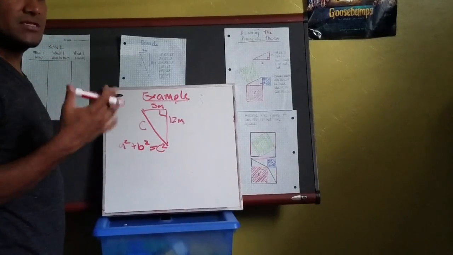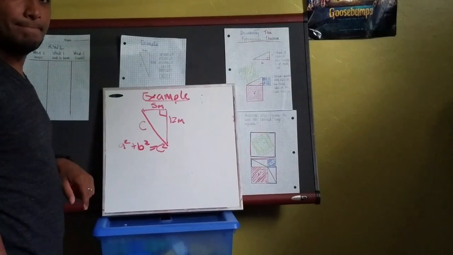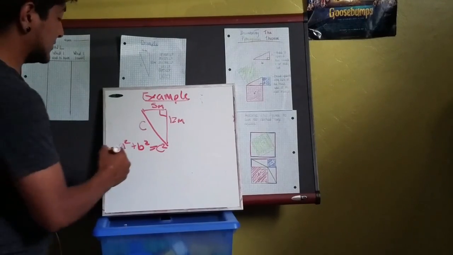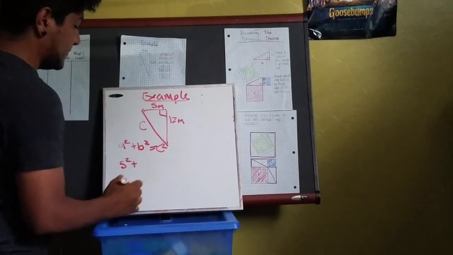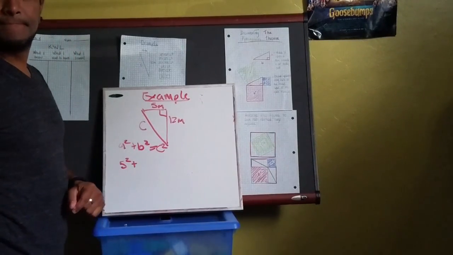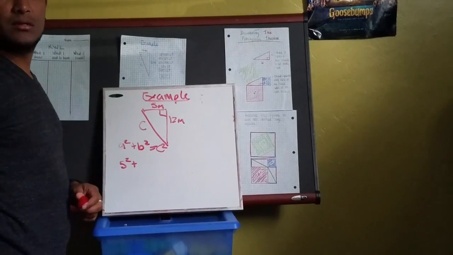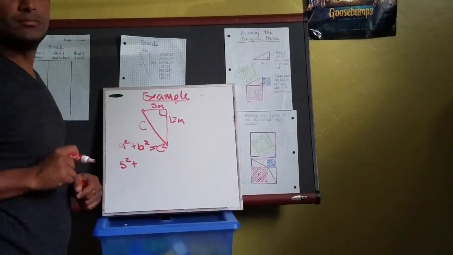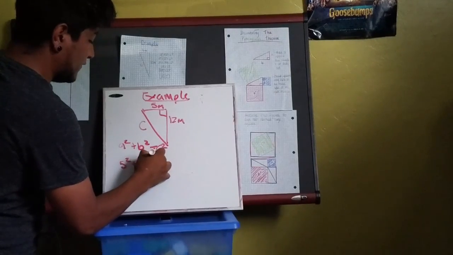So then, to solve this right triangle and find C, what would I put for A? Yes, A will be 5 squared, right? What about for B? Right, for B we have 12 squared.